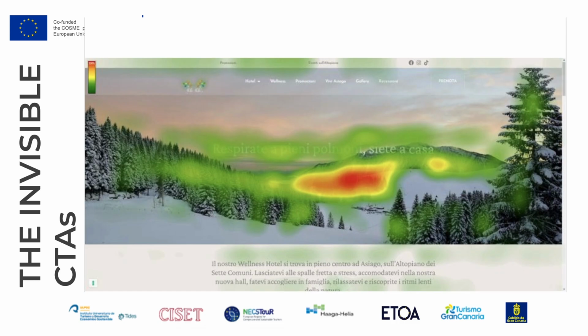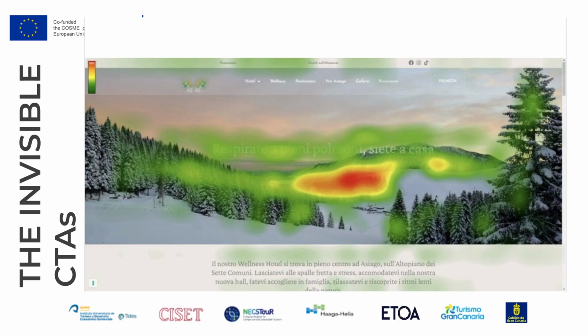So there is a lot of attraction, and in this case the call to action, which is on the higher right side of the web page, is basically not seen. You see there is no kind of color around it. It means that basically the users didn't see the book call to action.